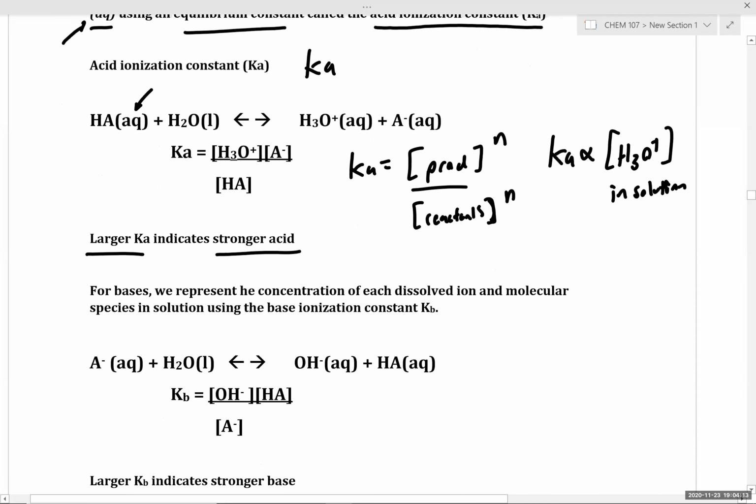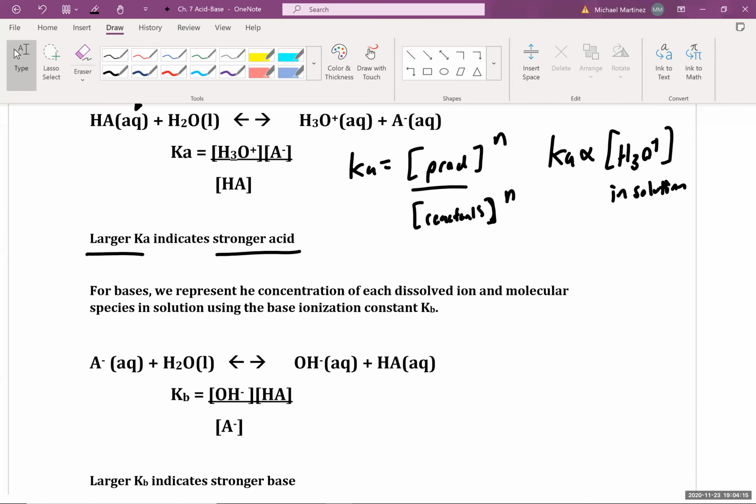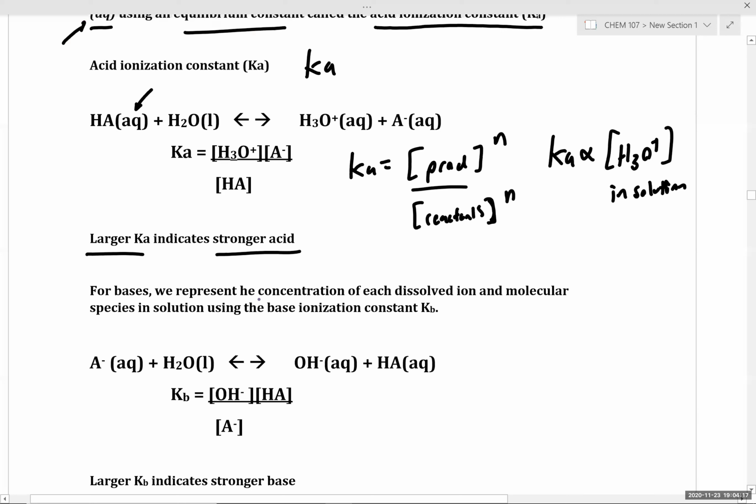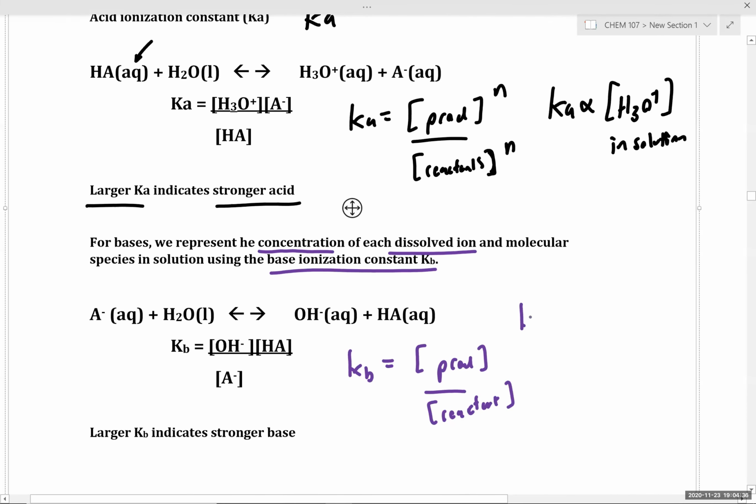Now for bases, we represent the concentration of each dissolved ion using the base ionization constant, Kb. And again, Kb is written in terms of the concentration of product over the concentration of reactant. And as we notice, Kb is proportional to the concentration of hydroxide.